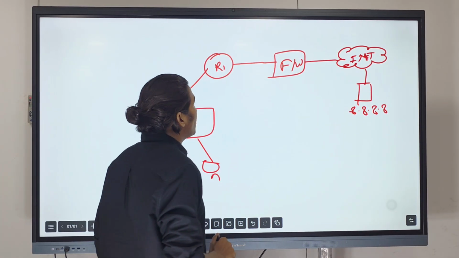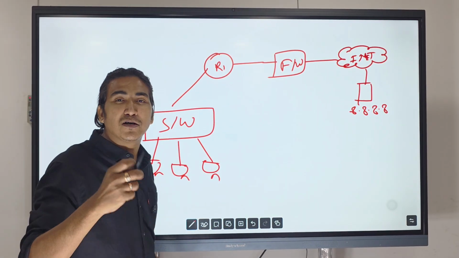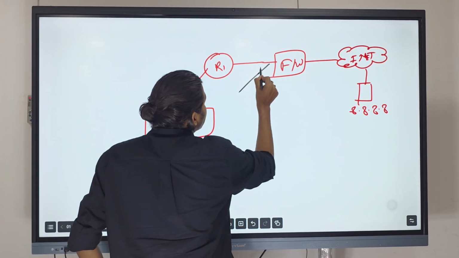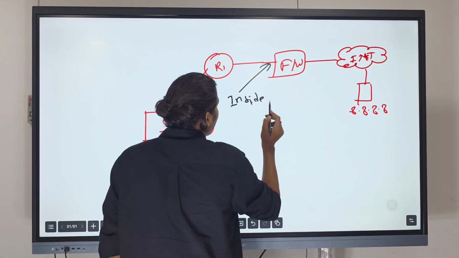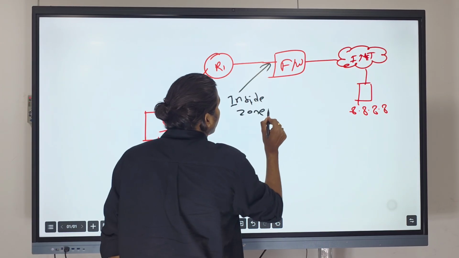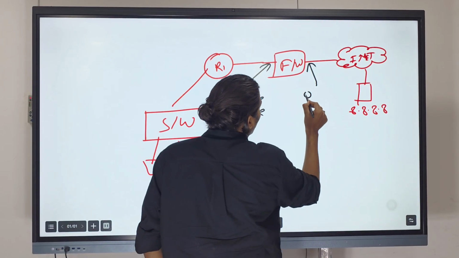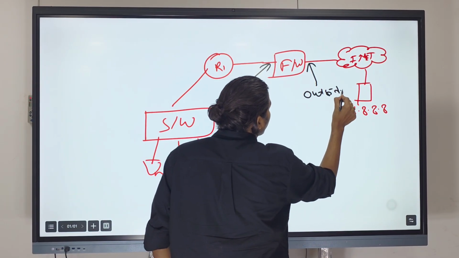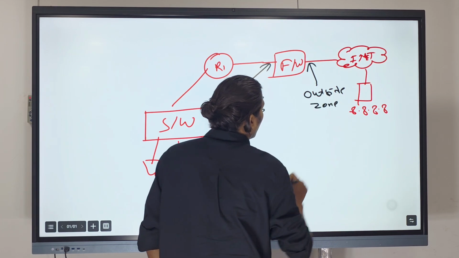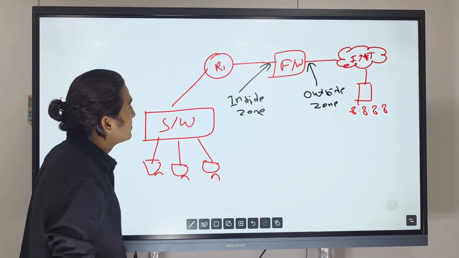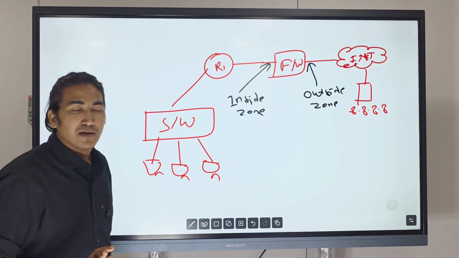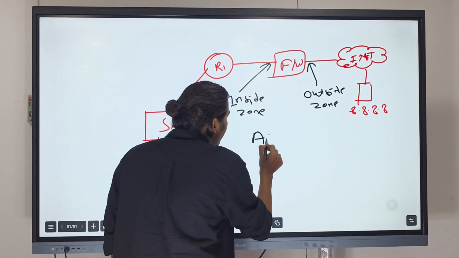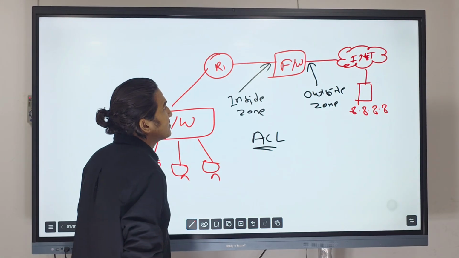So on the firewall, first of all, we'll define the zone. Let's say this is my inside zone. This is my outside zone. Then routing lookup, you already know, similar to a router. Policy, you already know the ACL policies.